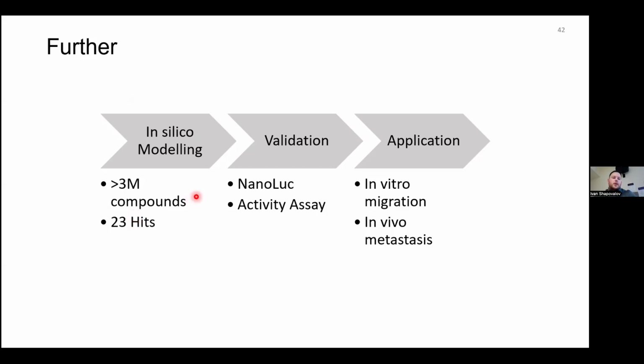And we will test and validate those compounds first in the nanoluciferase biosensor assay. Then, if and when we confirm the compounds that do have inhibitor activity there, we will test them in the Calpain activity assay. And everything going well, then we'll move on to live cell assay, testing in vitro migration, and fingers crossed, we'll see their effect on in vivo metastasis.